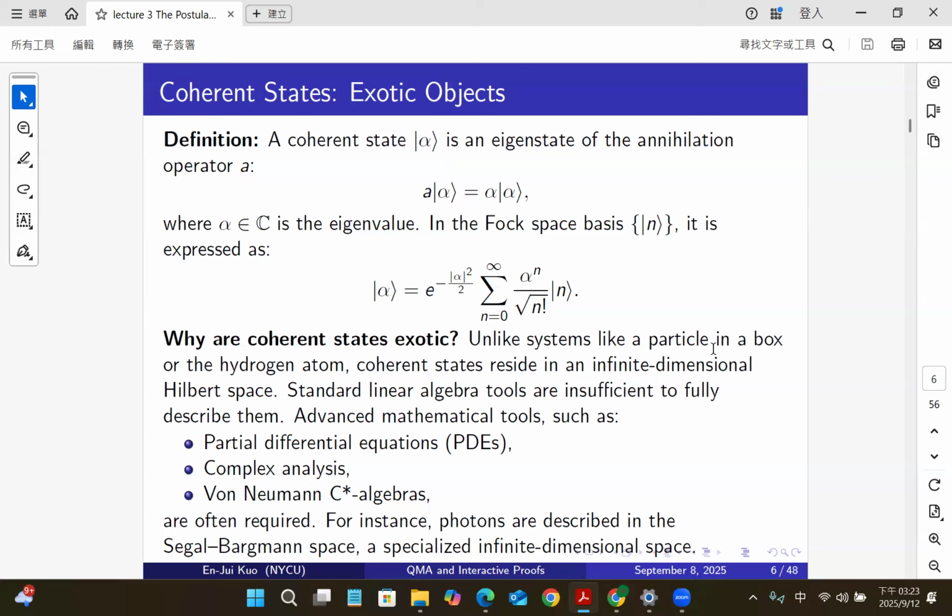Oh, by the way, if you're serious about it, something that people previously said was easy, from optics, actually has more exotic objects inside this vector space. So this is why standard linear algebra tools are sometimes insufficient to describe all of these exotic objects. So you need some other mathematics.